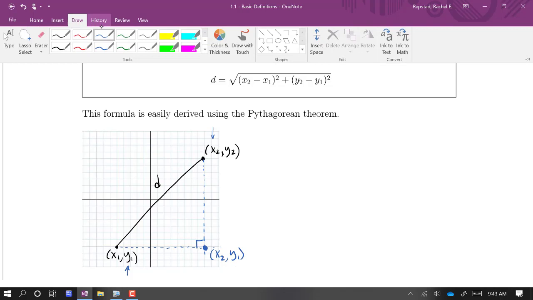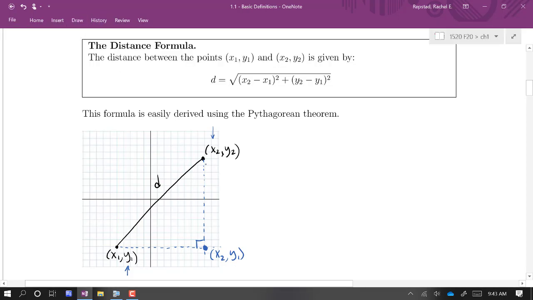Now that we have the coordinates of that point, we can find the lengths of these legs. A vertical length is always the top y-coordinate minus the bottom y-coordinate, so that's y2 minus y1. Horizontal lengths are always right x minus left x, so that is x2 minus x1.